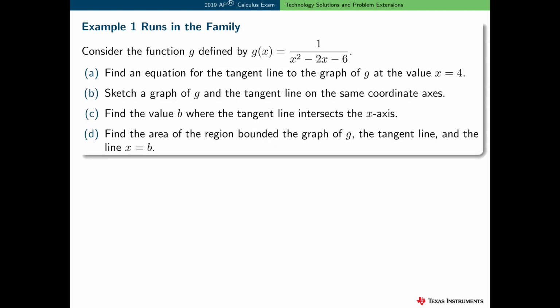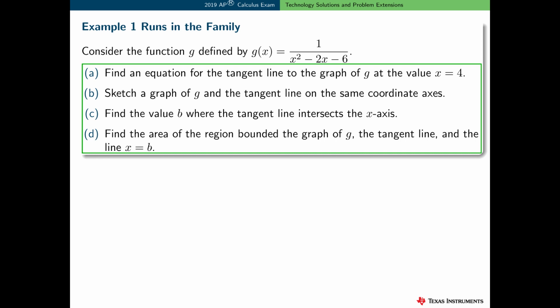Here's the first of several examples for you to try. Suppose the function g is a member of the family of functions in the free response question, and is defined by this expression. First, find an equation for the tangent line to the graph of g at the value x equals 4. In Part B, sketch a graph of g and the tangent line found in Part A on the same coordinate axes.